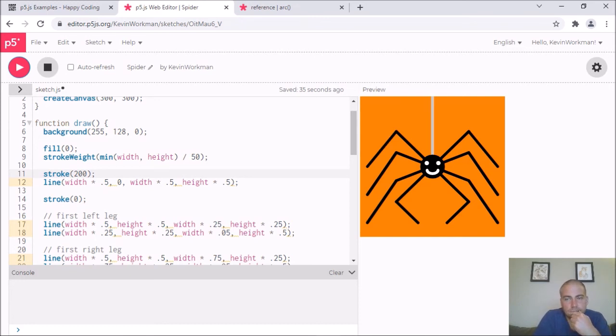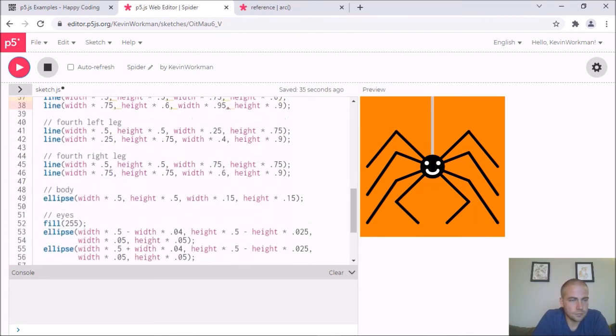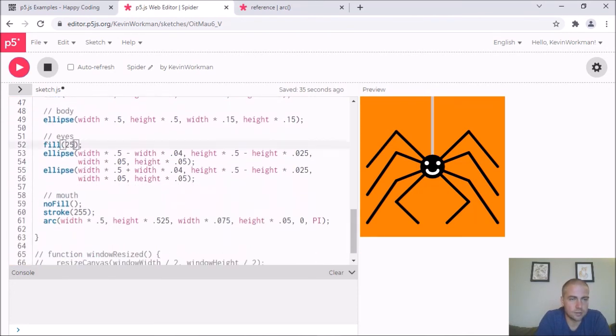Yeah, I think the white might just be a little bit too bright, so maybe I'll change the eye color as well to 200, and this to 200 as well. I don't know. I could go either way, I think. Yeah, I think that's fine.